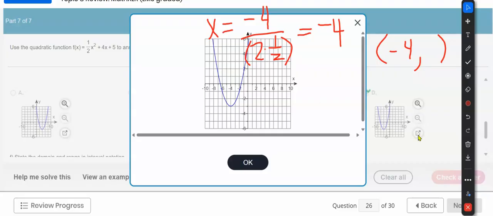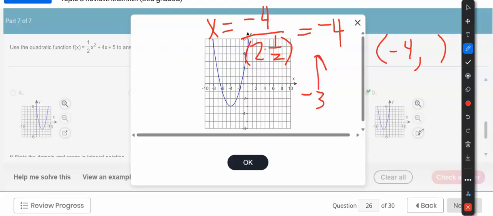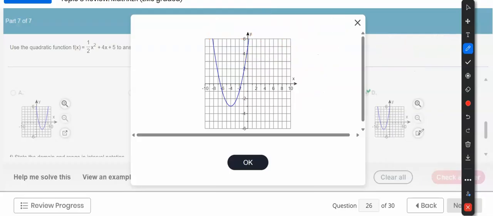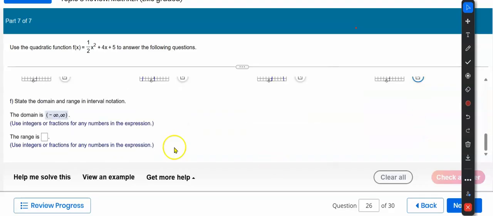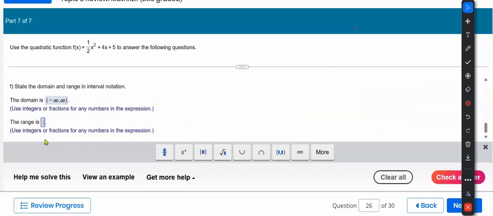So it goes from negative 3 and goes up, up, up, up to 5 or to infinity? To infinity, that's right. So we want a bracket, -3, comma, infinity, parenthesis. Does that make sense?